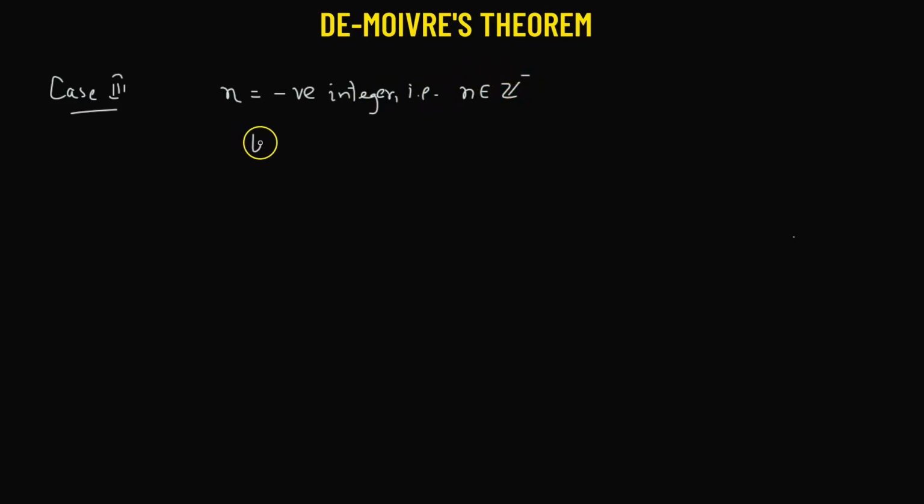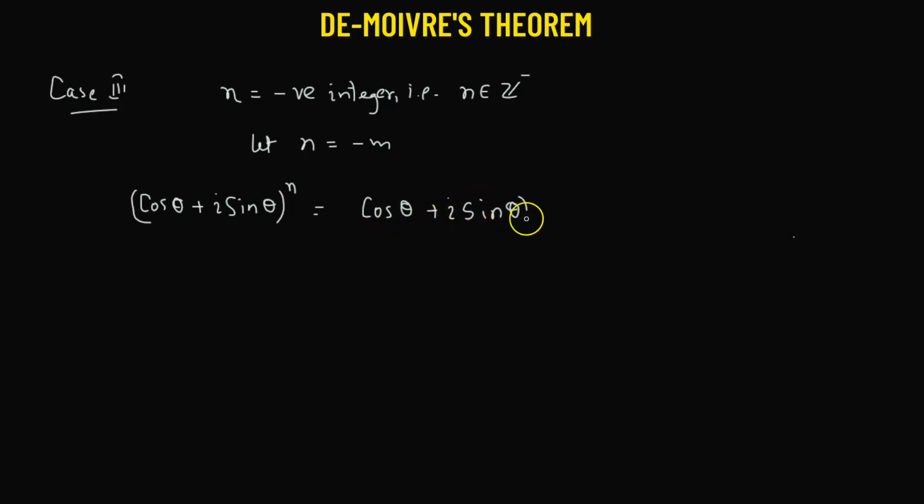So for this, what we'll do, we'll replace simply n with negative m. We'll have cosine of theta plus iota times sine theta, whole raised to the power of n. So this will be equal to cosine of theta plus iota times sine theta whole raised to the power, so instead of n, we will replace it with negative m.